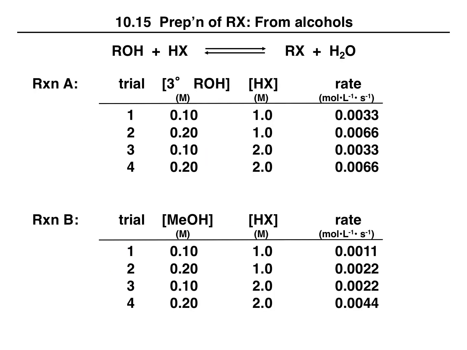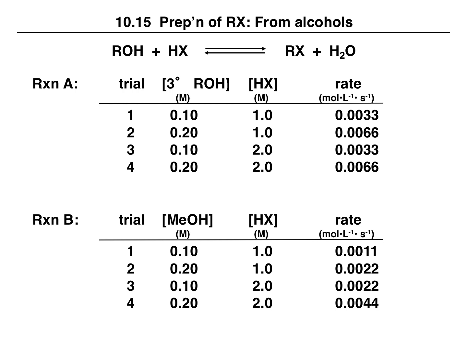Next, let's take a look at some experimental evidence about these reactions. So if we have an alcohol and we treat it with HX to give RX plus water, how fast does a reaction happen? Let's say we're looking at reaction A, which uses a tertiary alcohol.